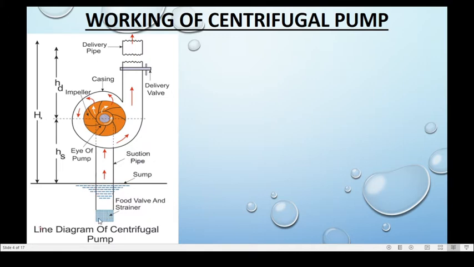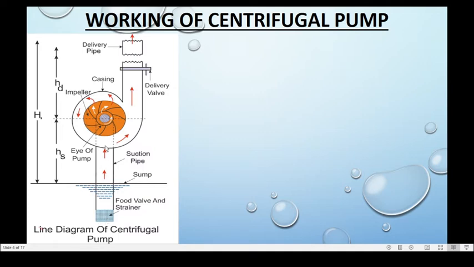And next is the strainer. The strainer helps to prevent unwanted material or particles from entering the casing. Okay, and in order to protect the casing and the walls of the casing, the strainer helps by removing the unwanted material.